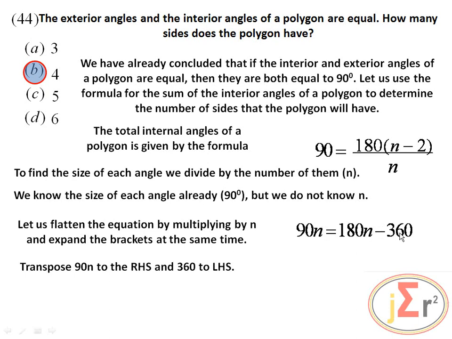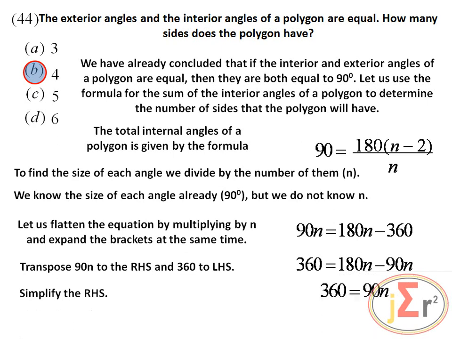This negative 360 will be transposed to the other side. It will be a positive 360. So we have 360 on the left hand side. We have 180n minus 90n on the right hand side. Simplify the right hand side.